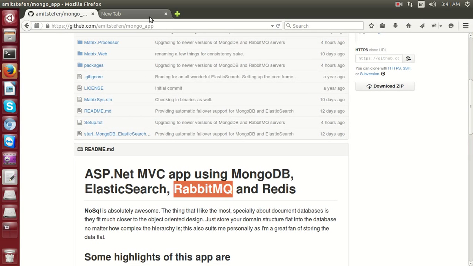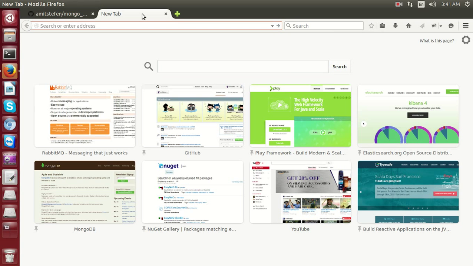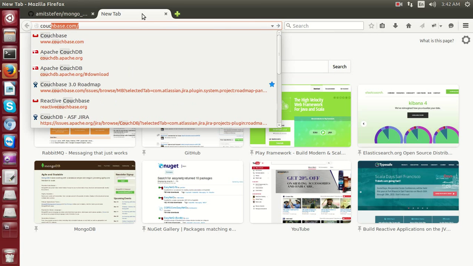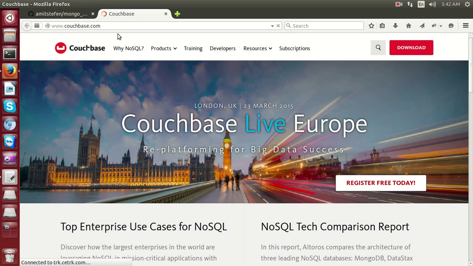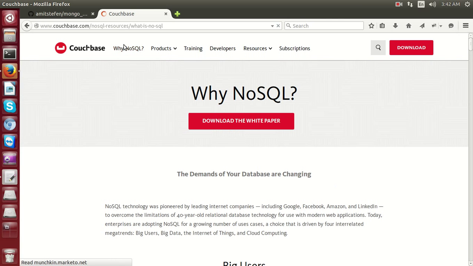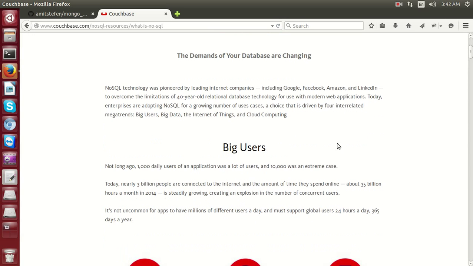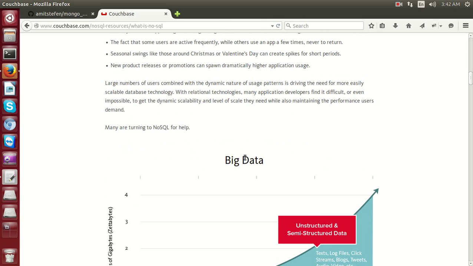Let's just go to understand this better, let's just go to any of the NoSQL products' website. Well, all of them come with tons of documentation. So you go to couchbase.com, you click why NoSQL is required. So what basically is driving NoSQL is bigger number of users, big data.